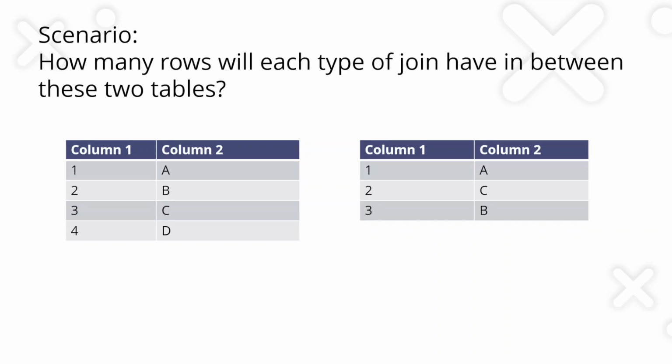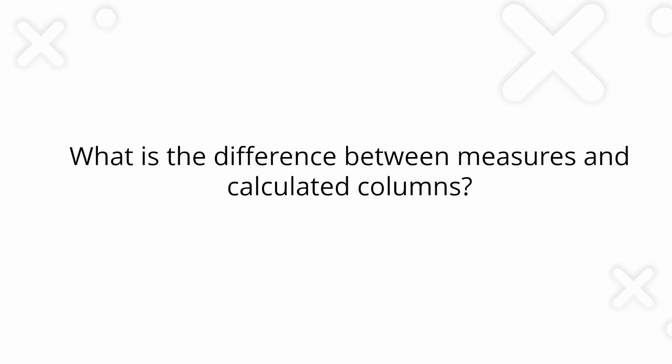So the full join will have 4 rows, the inner join will have 3 rows, the left join is going to have 4 rows, the right join is going to have 3 rows, the left anti is going to have 1 row, and the right anti is going to have 0 rows.